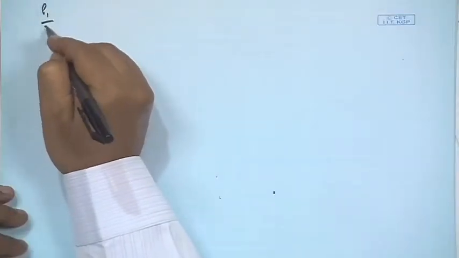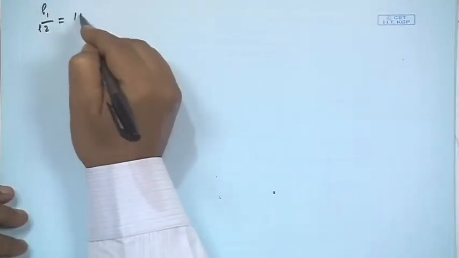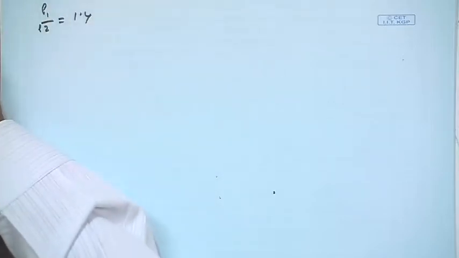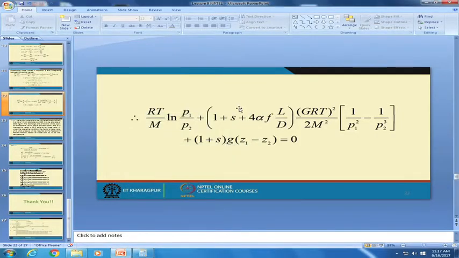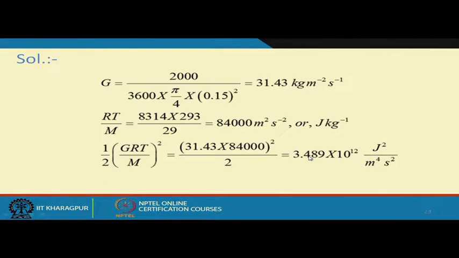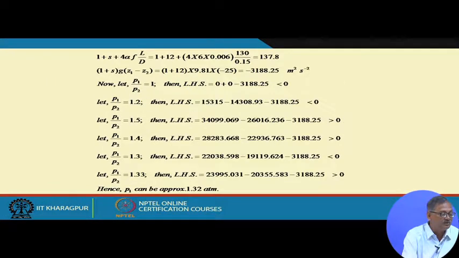Now, if we take the value of P1 by P2 to be 1.4, then by properly doing, I am not, because now we are running out of time.